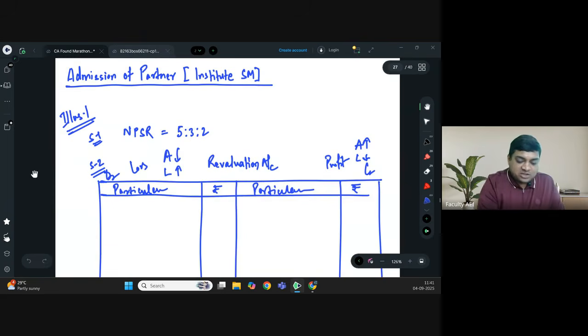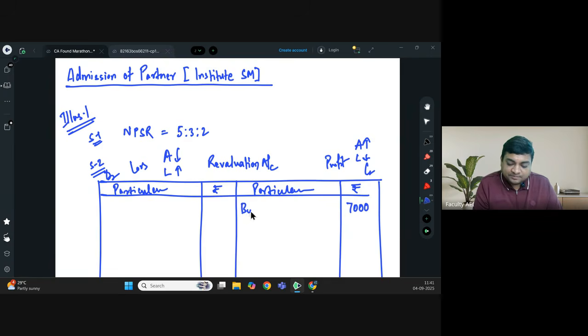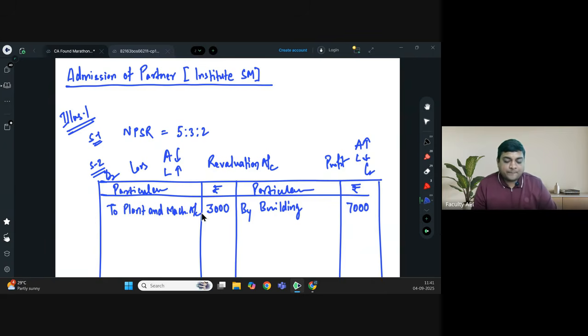So if I go by revaluation, 7,000 is building increase, profit. 3,000 is asset loss, asset decrease. Inventory value is same. 500 is provision for doubtful debt, and 1,500 is liability increase.